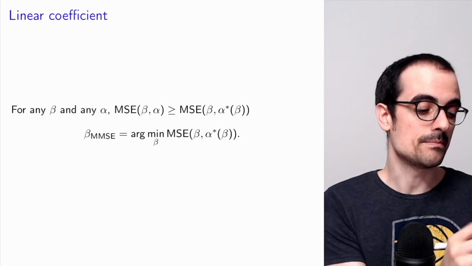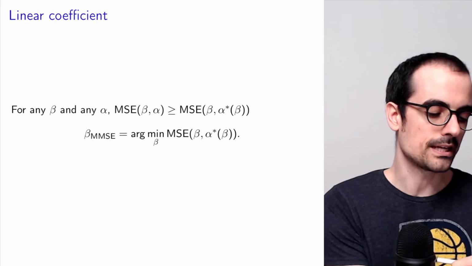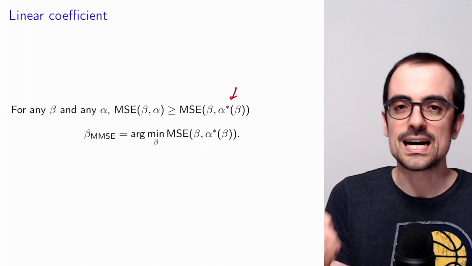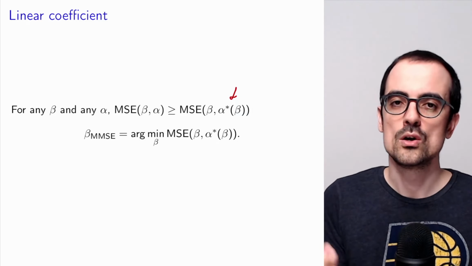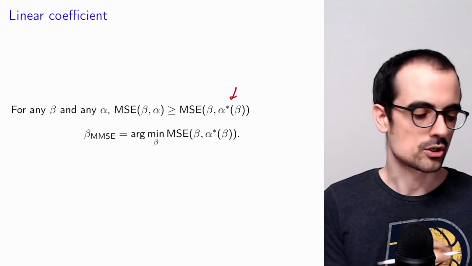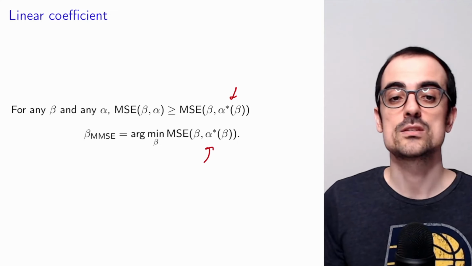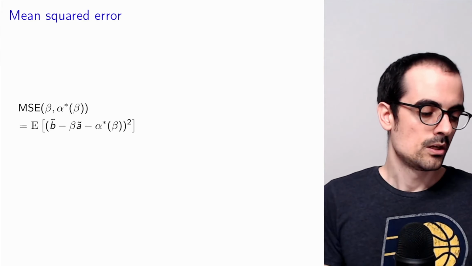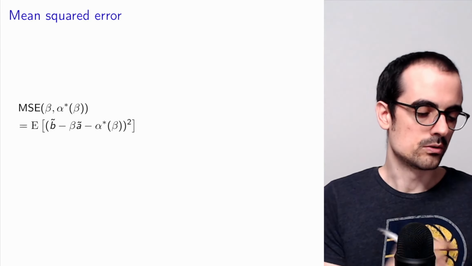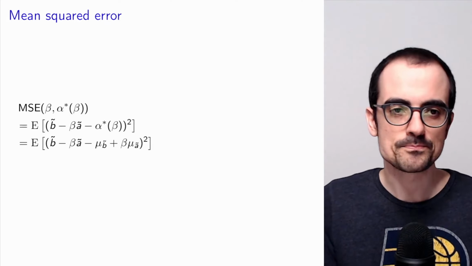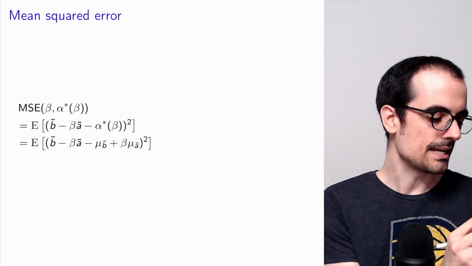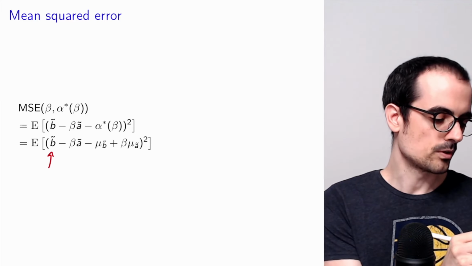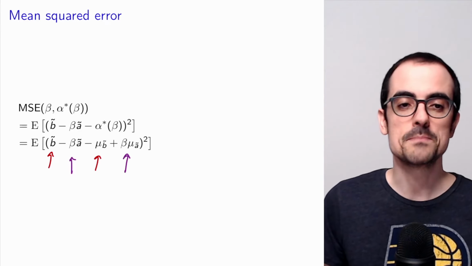Now this is the optimal alpha for any value of beta, as a function of beta. So we want to minimize the mean squared error with respect to beta. We can just plug in that value of alpha because we know that you cannot achieve a smaller MSE for that particular value of beta. So we plug in the expression for the optimal alpha, and now we're going to expand this mean squared error by grouping b with its mean and grouping beta a with its mean.